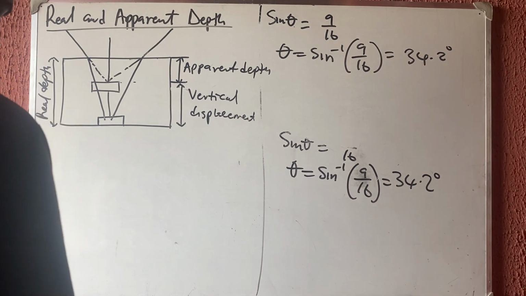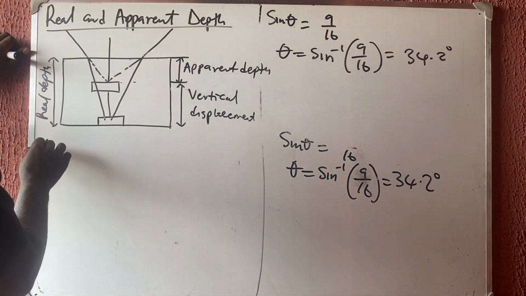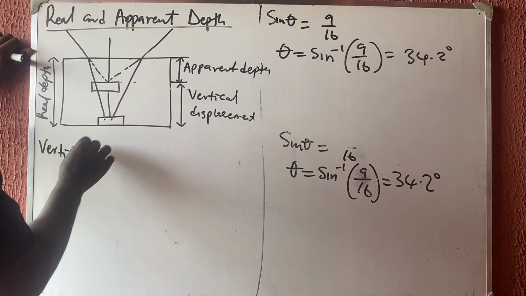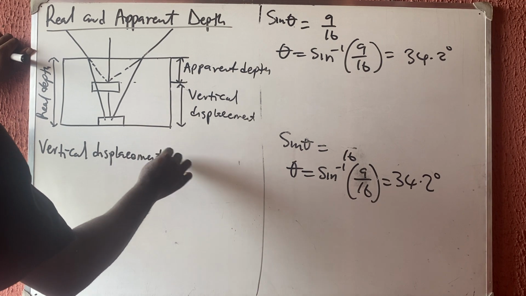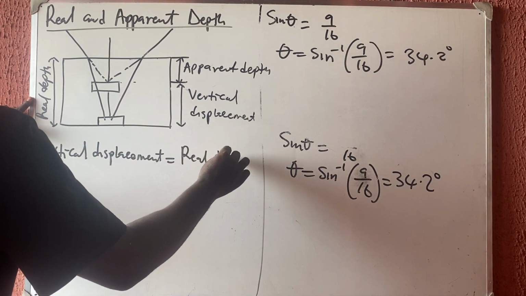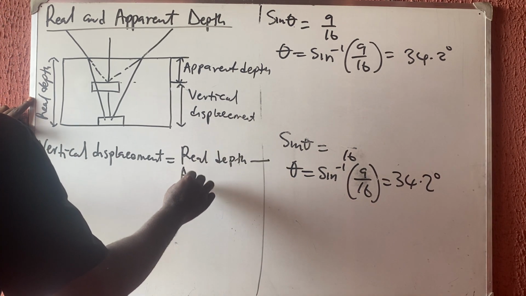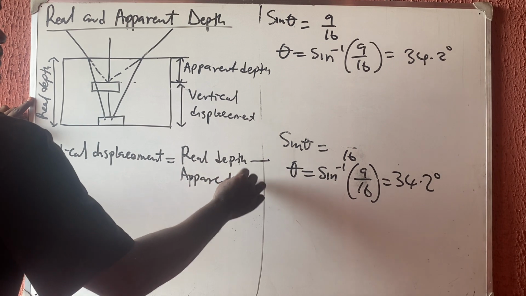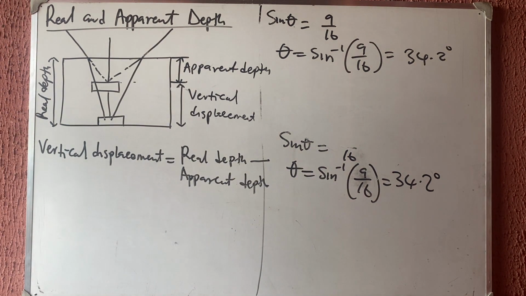So vertical displacement is simply the difference between the real depth minus the apparent depth. This is very, very simple.